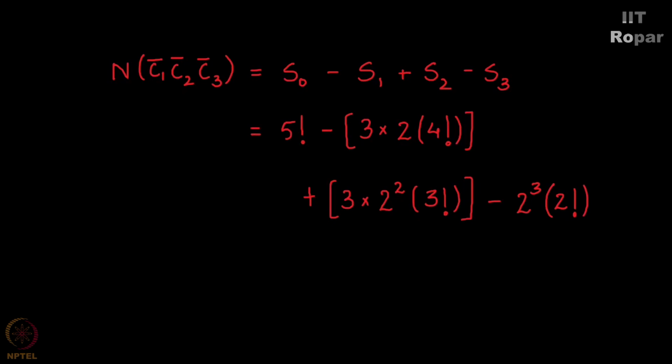Now, this big expression will give you the answer to your question: in how many ways can these 3 couples be seated at a round table such that no husband and wife will sit beside each other. If you want, for completeness sake, you can solve it yourself and find out the answer.